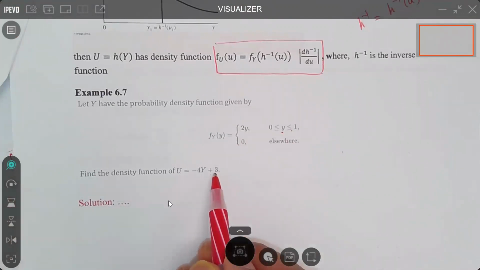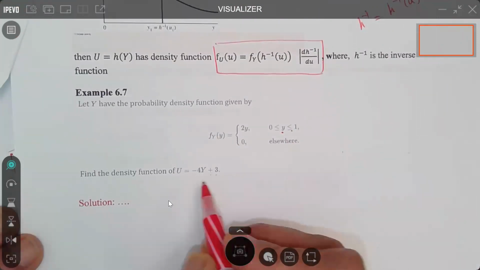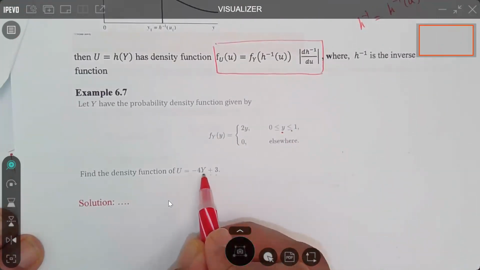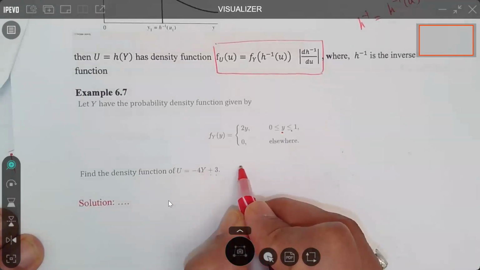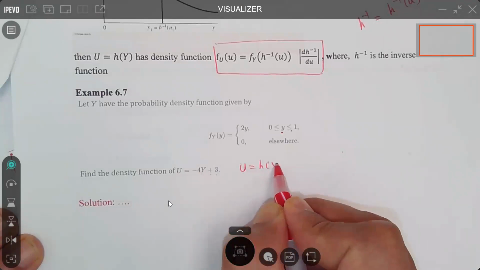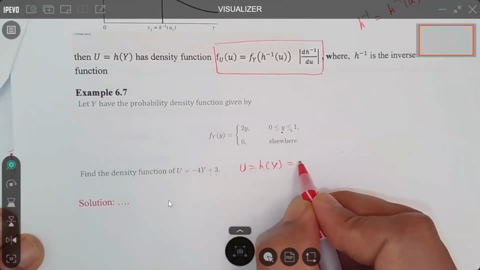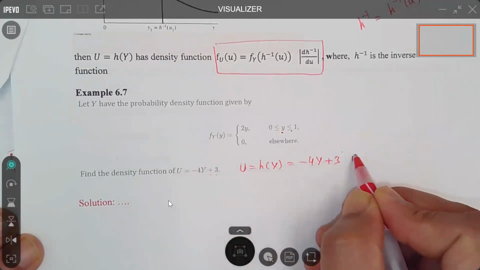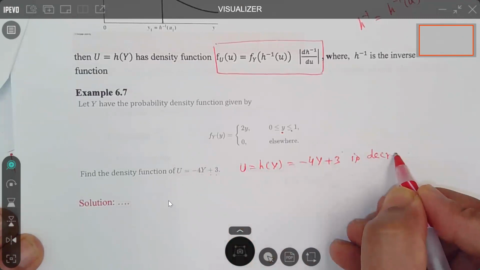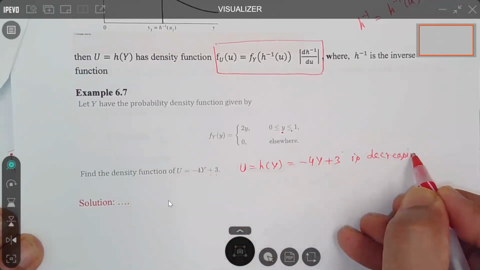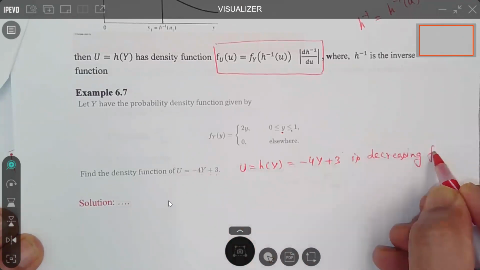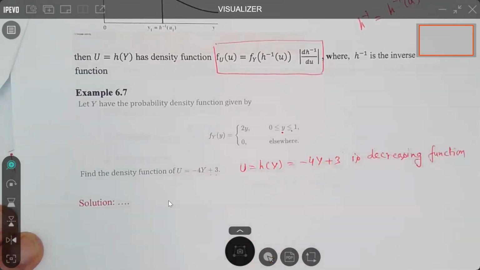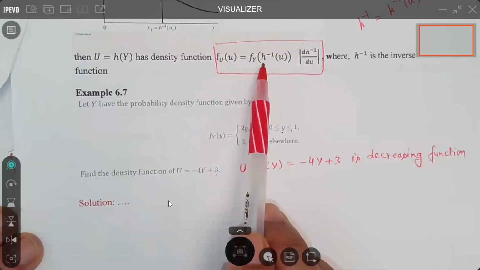It has a negative here, so this is a decreasing function. So u equals negative 4y plus 3 is a decreasing function. So we want to apply this one here.